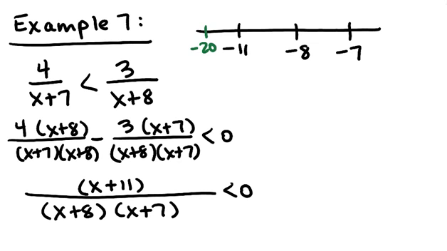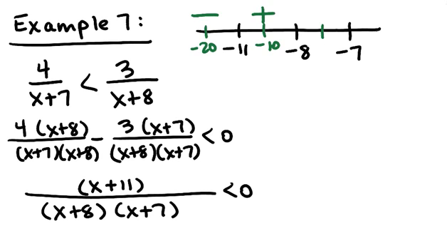And so I'll have negative, negative, negative. 3 negatives makes negative. Something between -11 and -8, let's say -10. If I plug in -10, well, the numerator will be positive because -10 plus 11 is positive. And then in the denominator, I'll have 2 negatives, which will make a positive. So I'll have positive divided by positive, which is positive.